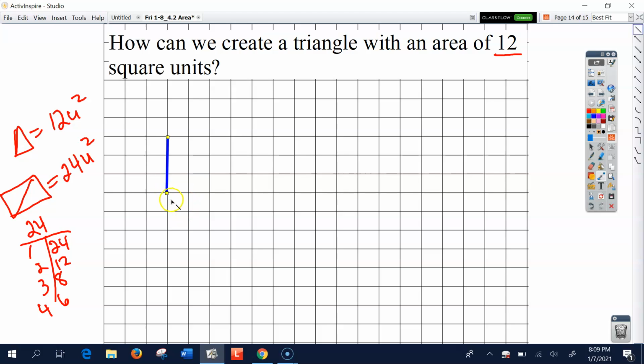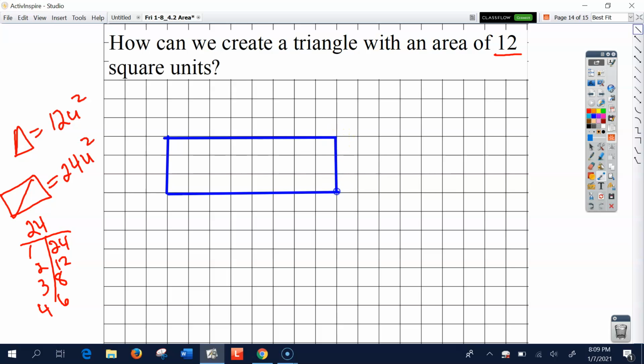There's 3, and then I need to count, oops, I don't want to move that. Okay, so let's keep that where it is, and let's do another one. So now let's count 1, 2, 3, 4, 5, 6, 7, 8. Okay, so now I'm doing this and this.